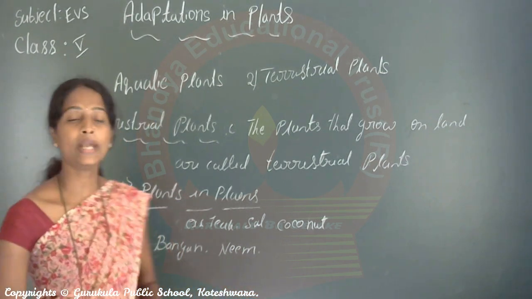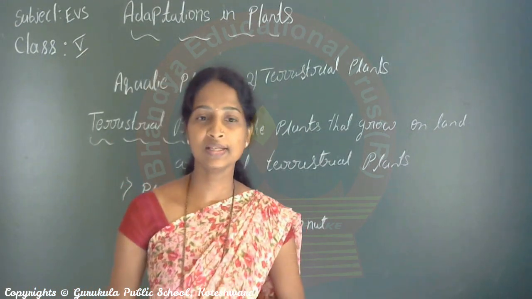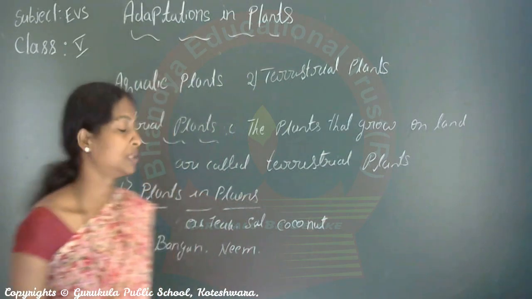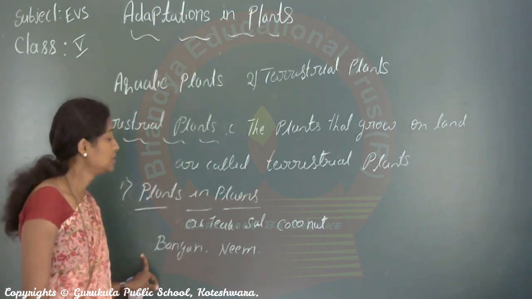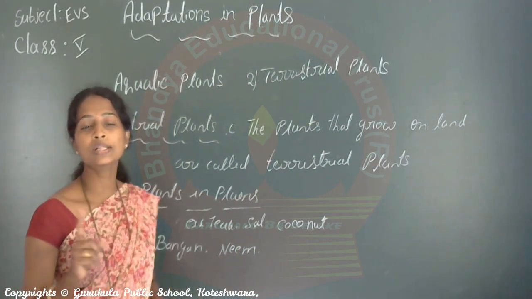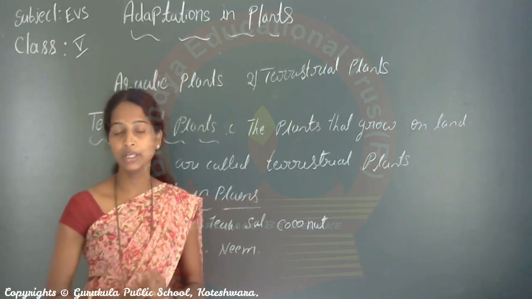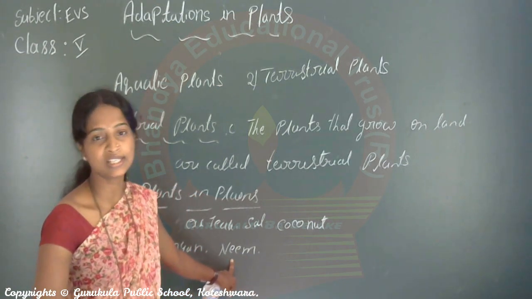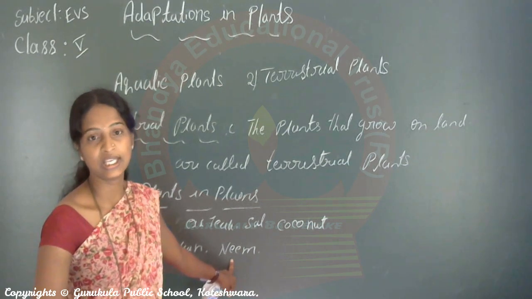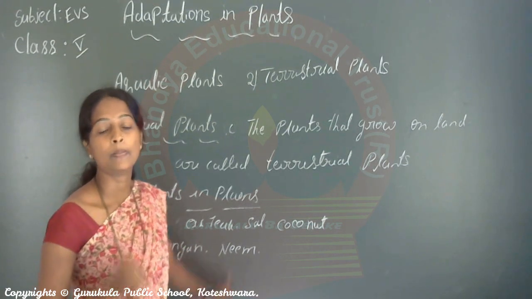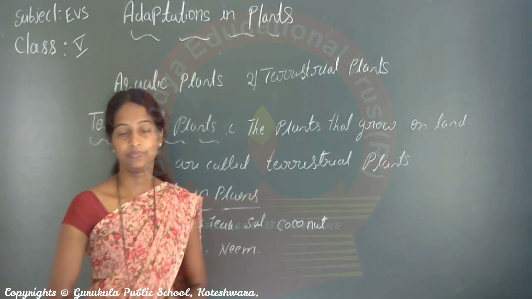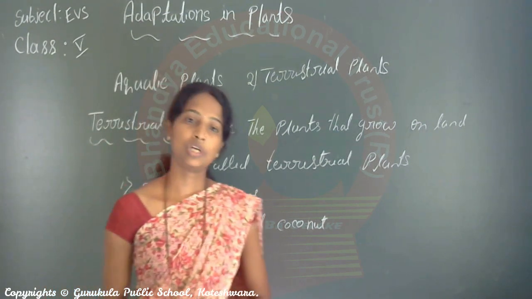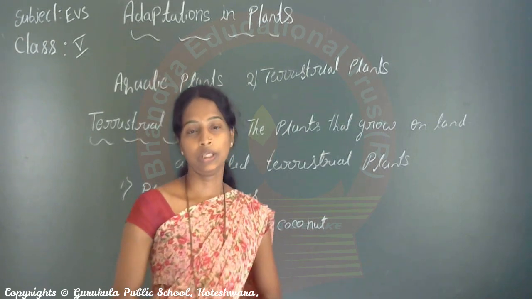So they are called deciduous plants. The plants which shed their leaves once a year, in winter, are called deciduous trees. For example, banyan tree, neem tree.